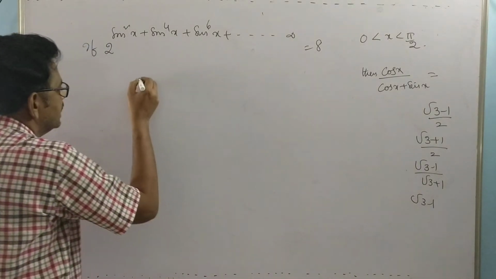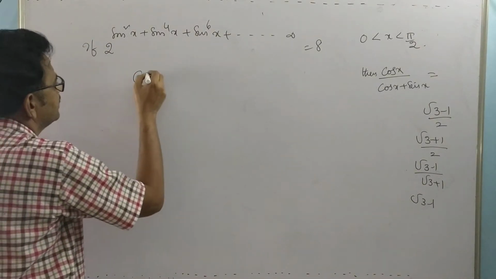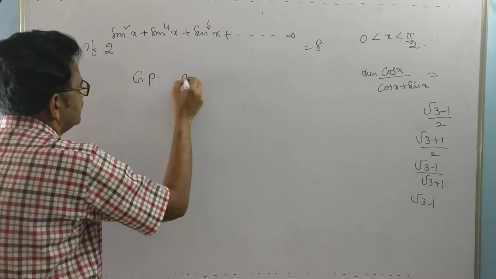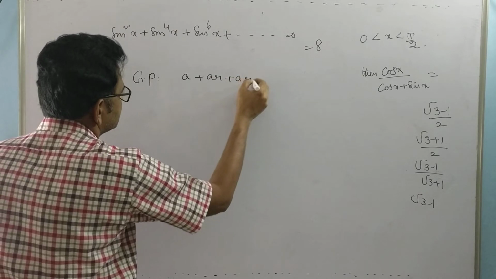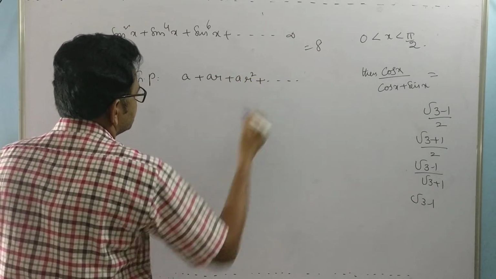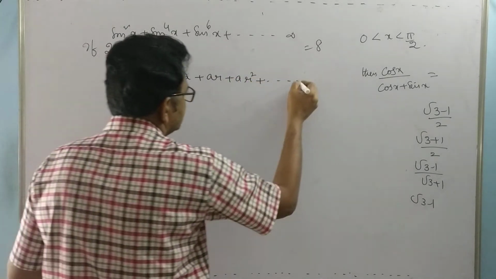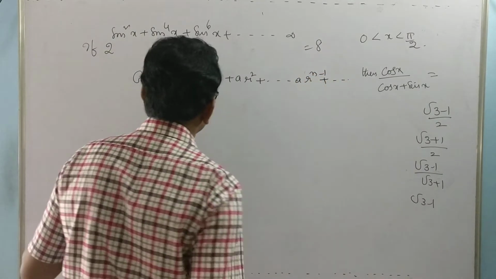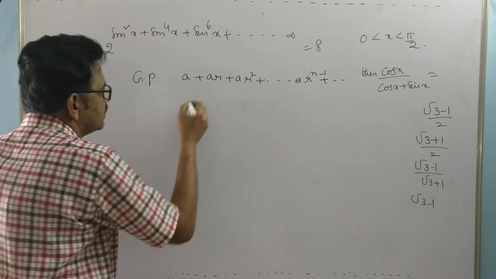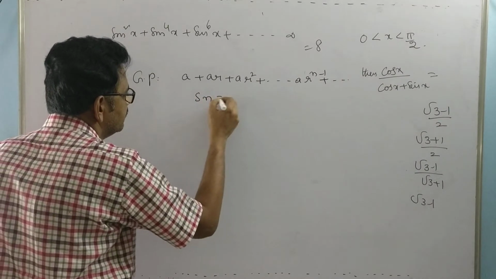So we know the geometric progression equals what? A plus AR plus AR square plus and so on, A into R power n minus 1 plus and so on. This is a geometric progression. What about Sn, the sum of first n terms?